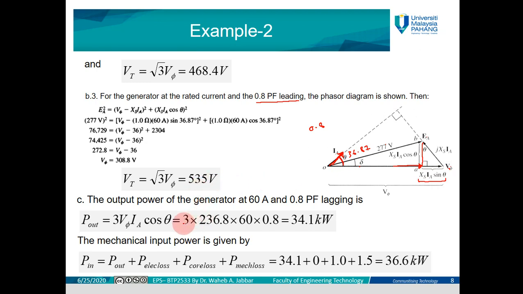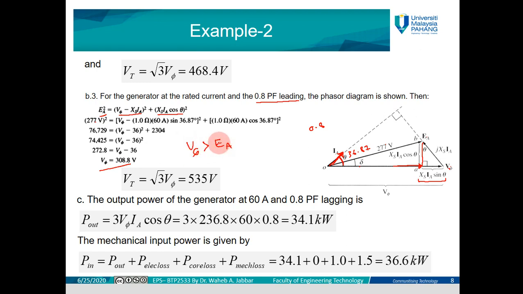For that, you can see here in the equation, (V phase minus XS IA sine theta) squared plus (XS IA cosine theta) squared equals EA squared. Substitute for the values. Solve for V phase. You will get V phase equal to 308. So V phase in this case is greater than EA.